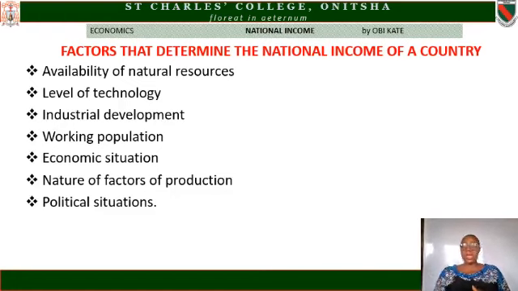We have crude oil, we have gold, we have coal, and so on and so forth. Then level of technology, industrial development, working population, economic situation, nature of factors of production, and finally, political situations.